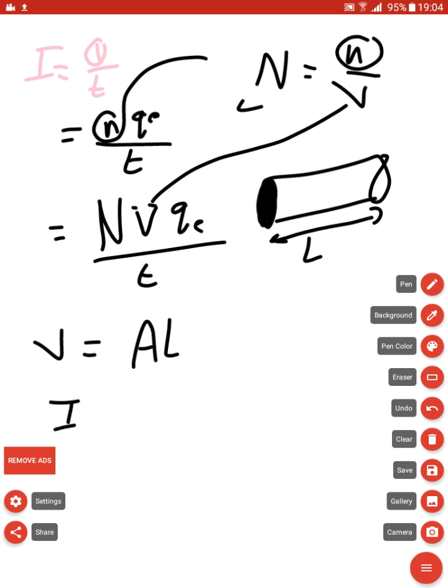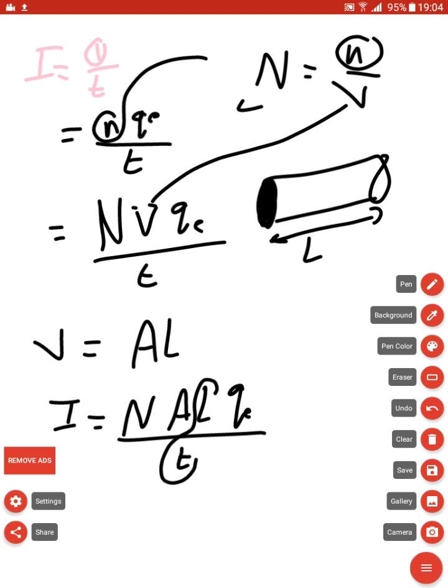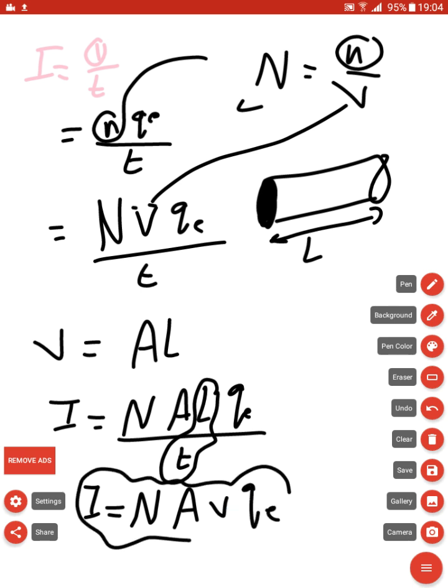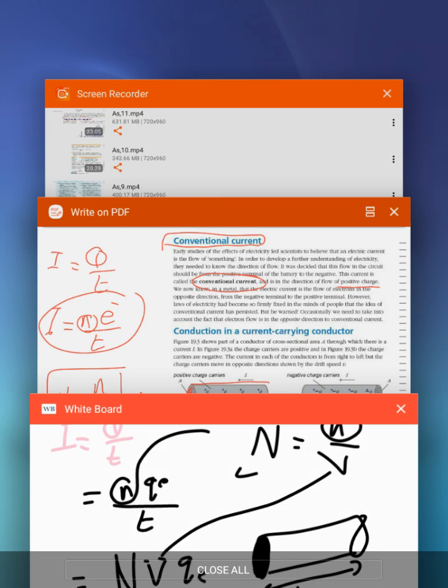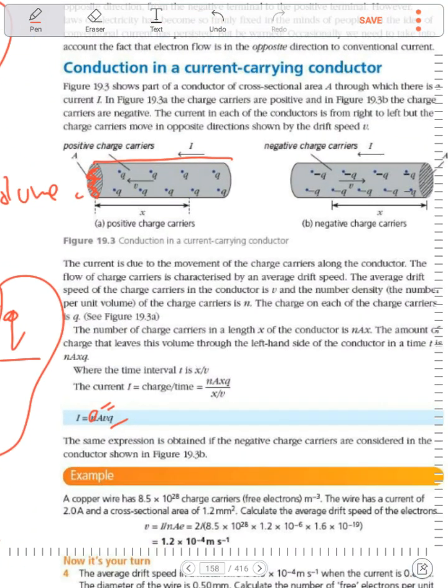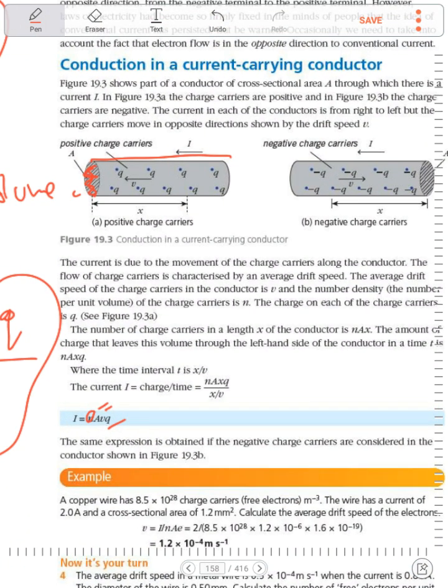Now I equals N A L Q, the charge of an electron, over time. Length over time is speed. So current equals N, the charge density, times area, times speed, which is the drift speed, multiplied by the charge of an electron.